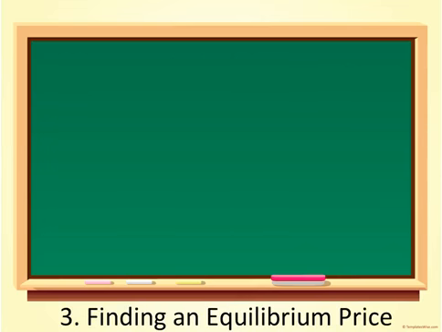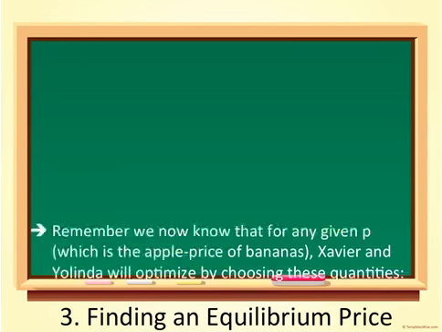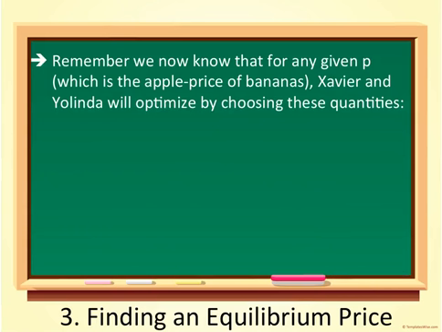Okay, now we've established what the demand functions are from Xavier and Yolinda based on an arbitrary P. Now we want to find, is there an equilibrium price P that equates the quantities supplied and demanded in the two markets? Or I guess technically you could think of it as one market, the apple-banana market. So remember, we now know for any given P, which is the apple price of bananas, Xavier and Yolinda will optimize by choosing these quantities.